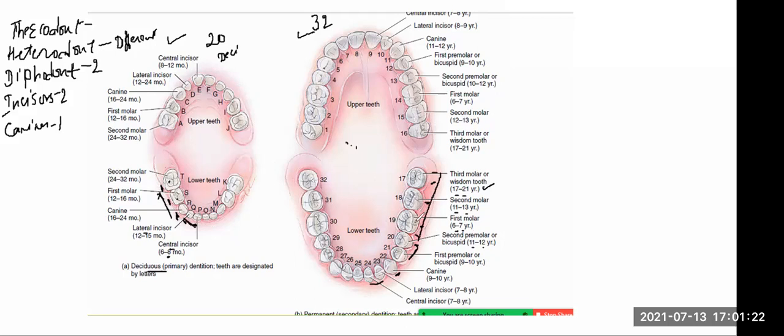And these three molars in the permanent set of teeth have not replaced any deciduous teeth, but they are a new set of teeth which has grown in the extra space that you have now in your jaw. When you grow up, your jaw will also grow.